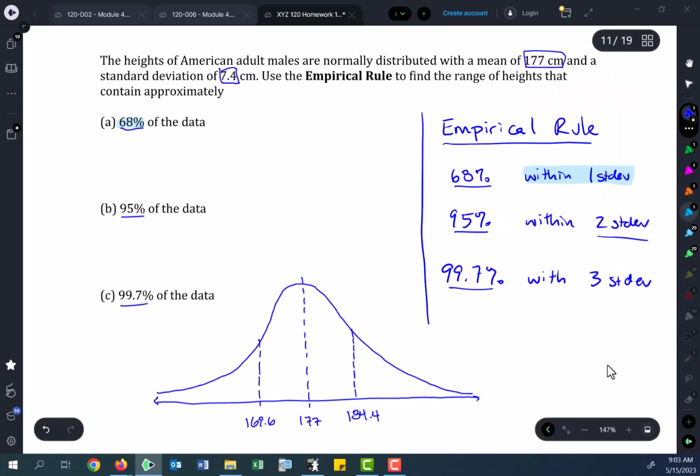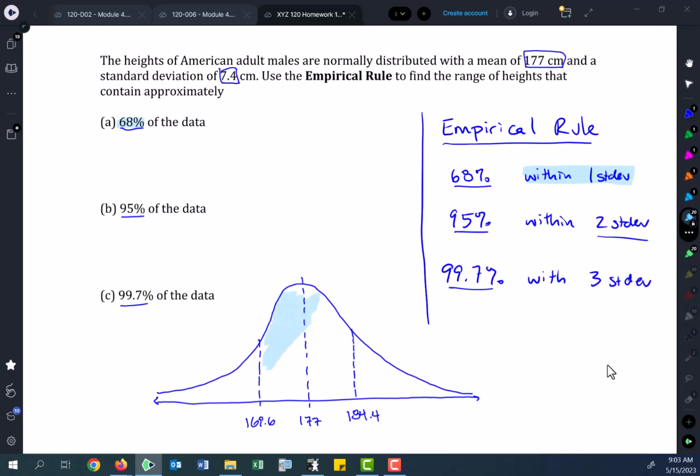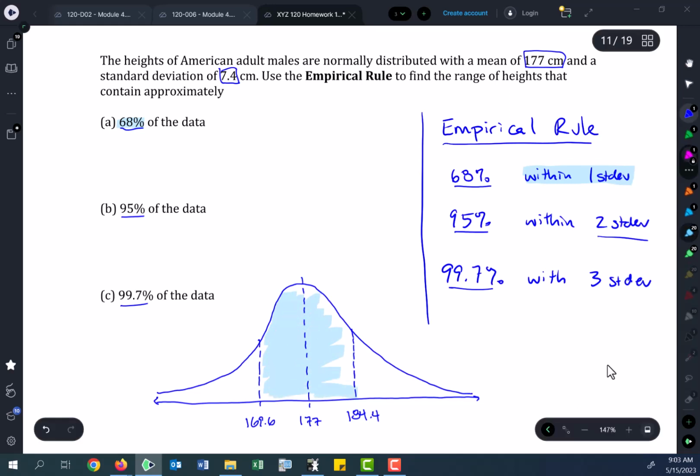So, sorry, this is my mean. This is one standard deviation to the left of the mean, and this is one standard deviation to the right.